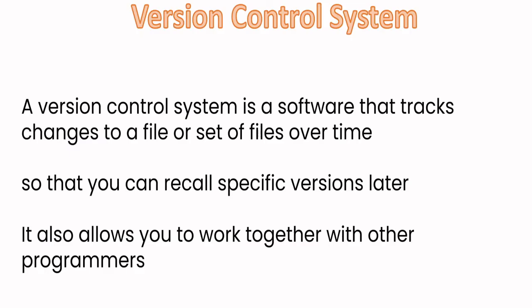What is a version controlling system? A version controlling system is software that tracks the changes to a file or set of files, that means a group of folders, over time. For example, you are a developer making changes to a file. It may be a Java file, a Python file, a C file, any programming language. You have to use the version controlling system. Let's say you are making changes for the first time and later you have one more requirement, so again you need to make changes.